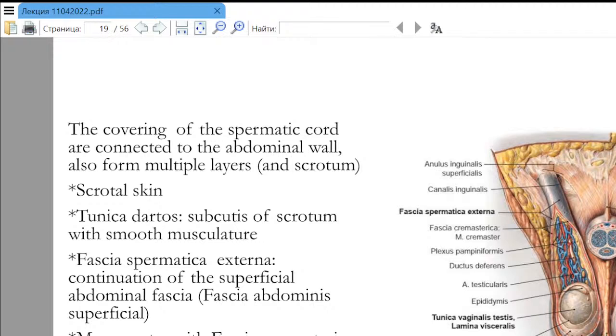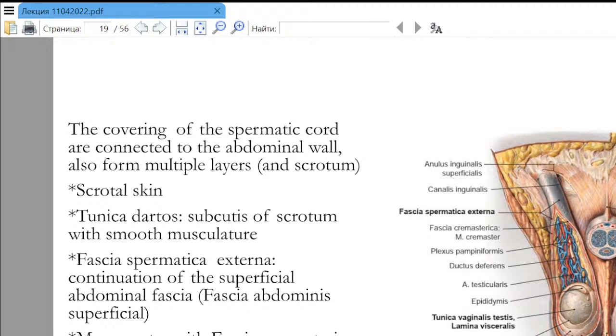Scrotal skin. Next, the tunica dartos, the subcutis of the scrotum with smooth musculature.